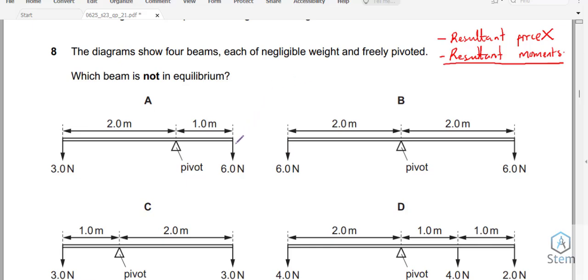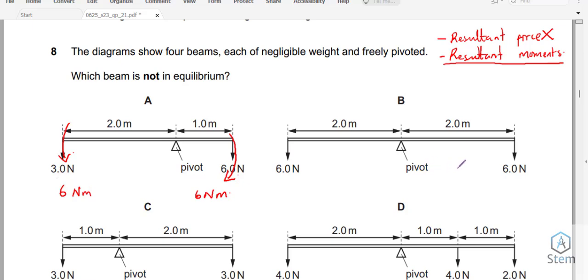So let's check the clockwise moments here. A, the clockwise moments will be due to the 6 Newton force, and we have 6 Newton meters. And the anti-clockwise moments will be due to the 3 Newton force, and they will be equal to 3 times 2, that is 6 Newton meters again. A is in equilibrium.